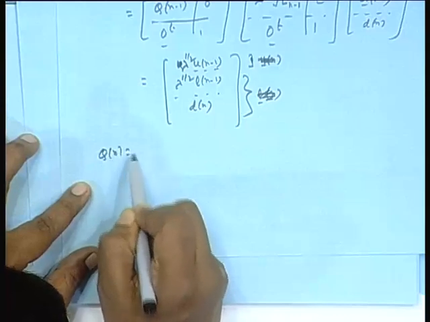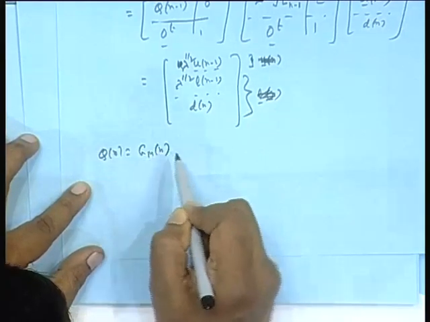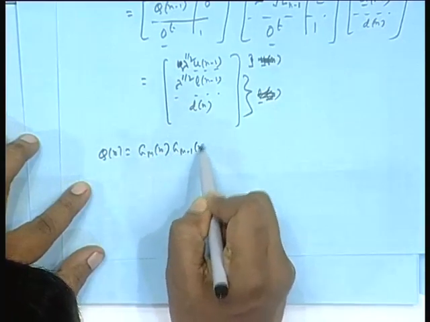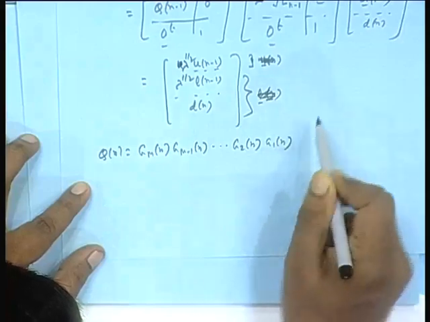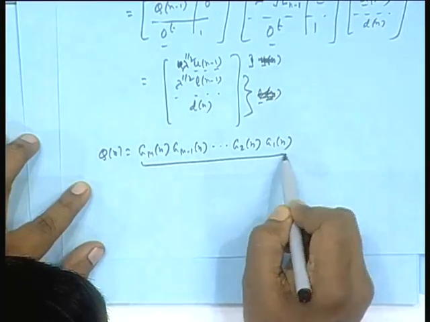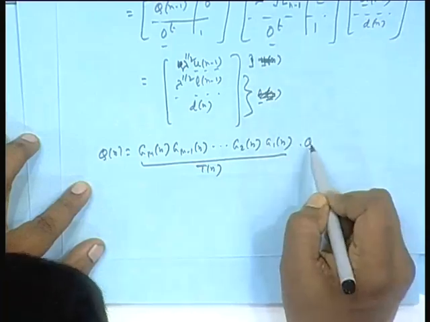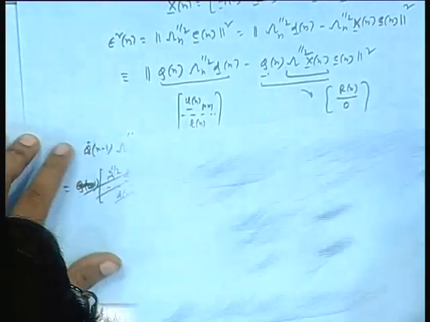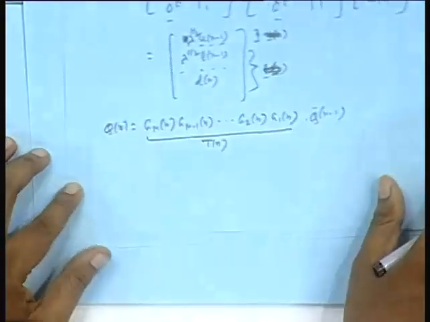But what is our q n? Q n is, this is called T n, say, let us say a sequence of rotations, and then that q bar thing. Okay.